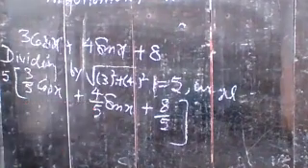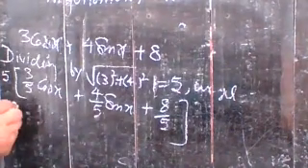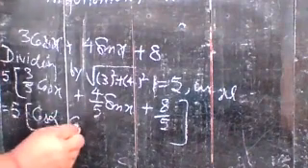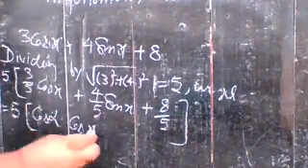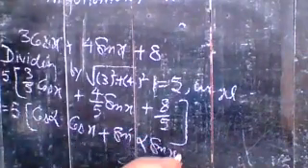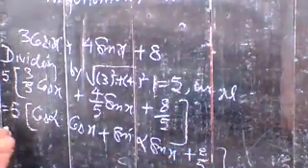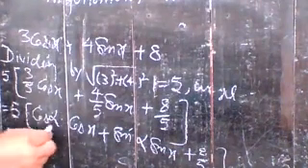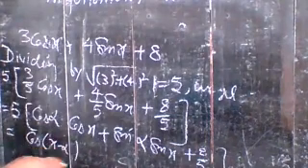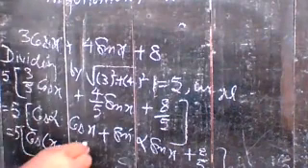So you can write it as 5 times cos alpha cos x plus sine alpha sine x, and here 8 by 5. The quantity becomes 5 times cos of x minus alpha plus 8 by 5.